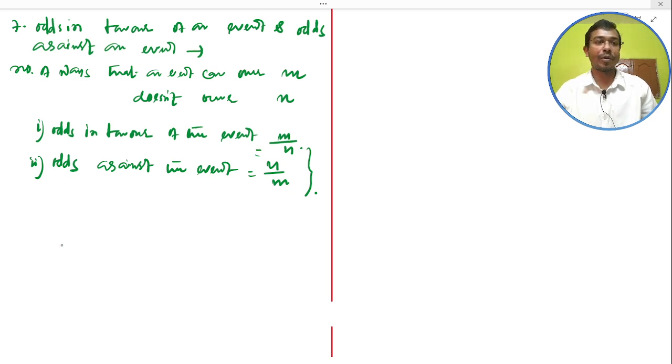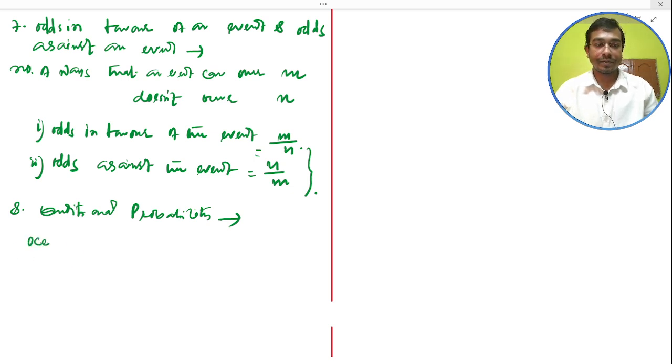Next, the conditional probability. The occurrence of A given that B has already occurred.